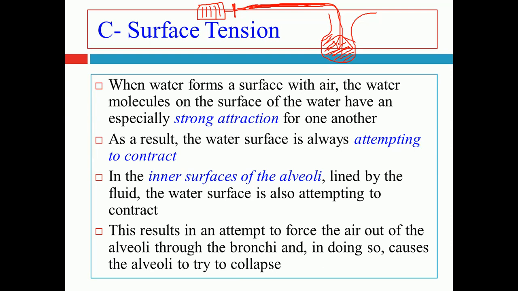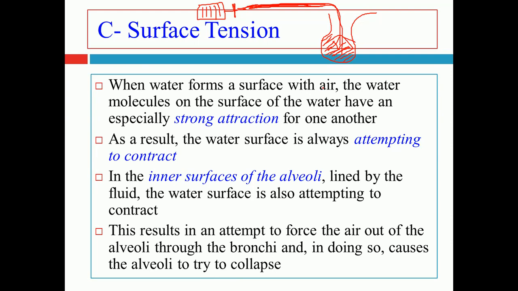So in the inner surface of the alveoli lined by the fluid, the water surface is also attempting to contract. This results in an attempt to force the air out of the alveoli through the bronchi, and in doing so causes the alveoli to try to collapse.